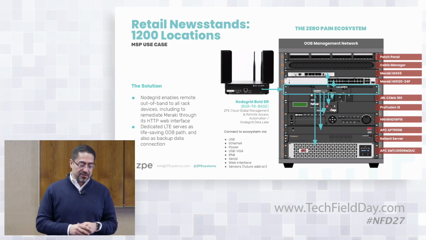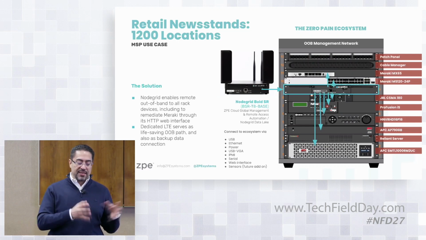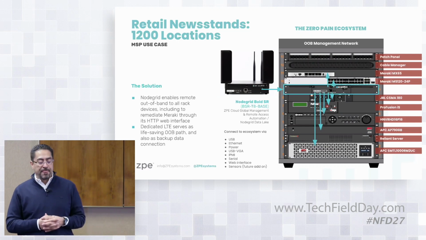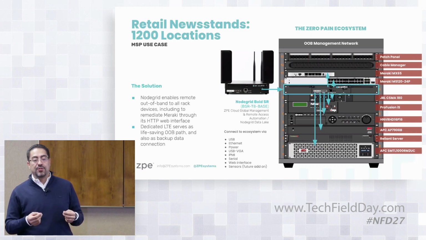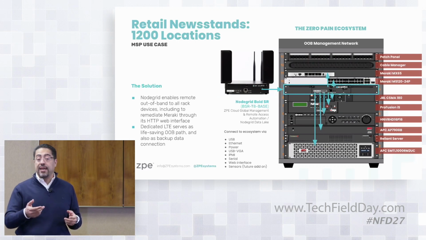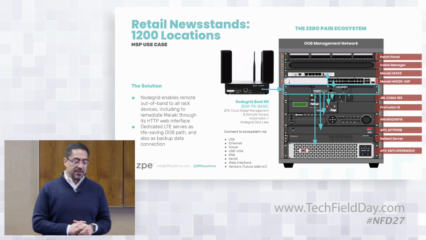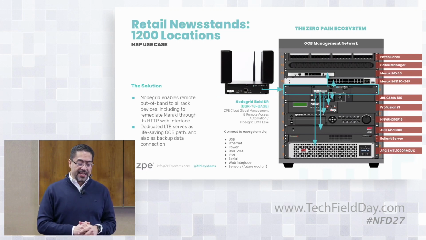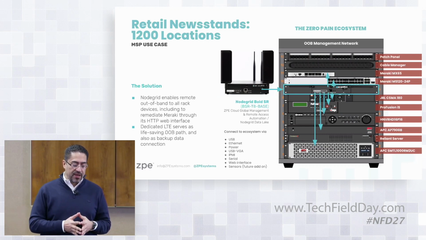It's the same diagram as you saw previously. So our equipment sitting there is able to manage all of this equipment and then use its LTE for the out-of-band connection. And the customer is also able to use the LTE 4G for data as well. So it's a dual-purpose system, and a very, very small box that we call the Bolt.